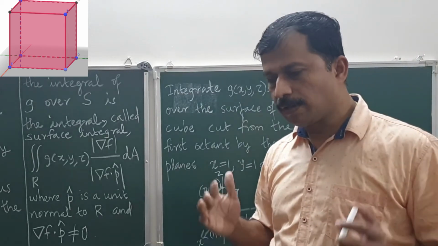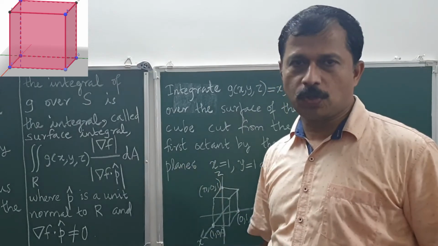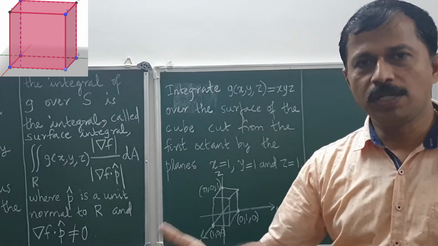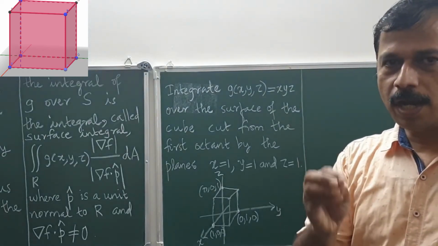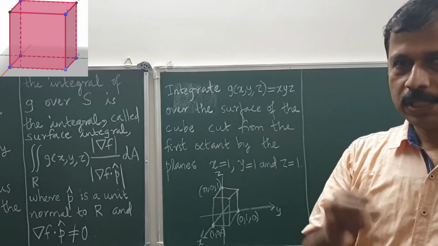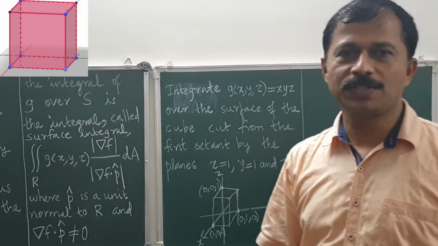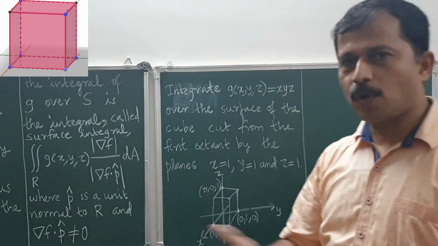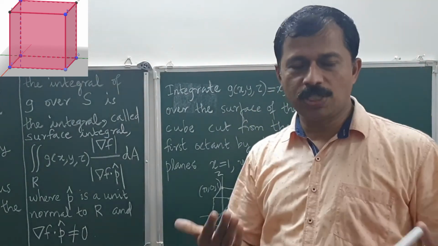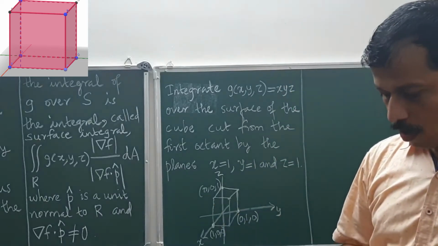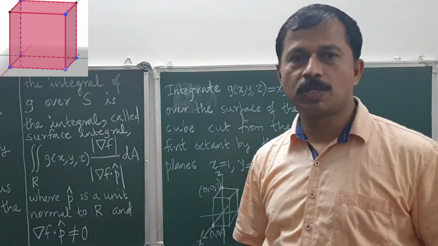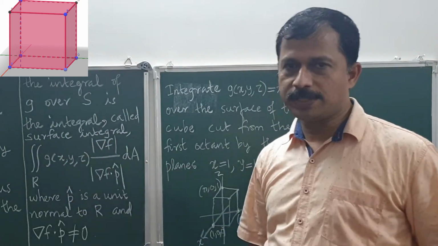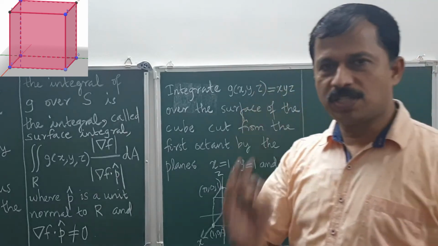Even though there are 6 faces, 3 lie on coordinate planes where x, y, or z is equal to 0, and since g is the product of x, y, z, g will be 0 on those faces, so the double integral will be 0 there, and we end up with only 3 faces.